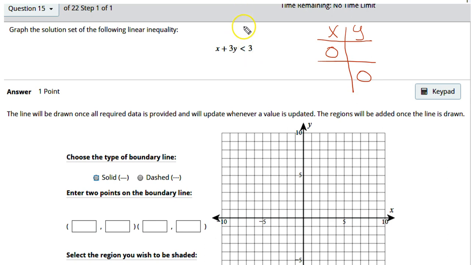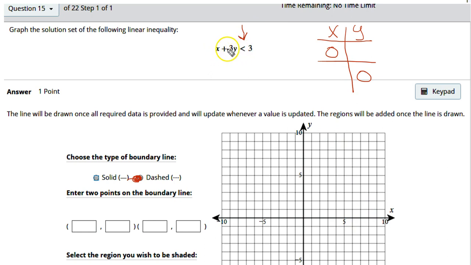And we have to keep in mind, as we look at the inequality symbol, as to what kind of line will make up the boundary. Will it be a solid line or a dashed line? So as we look at this, we see it's only less than. So that means it's going to be a dashed line. But we have to put in some points here so our dashed line can form.